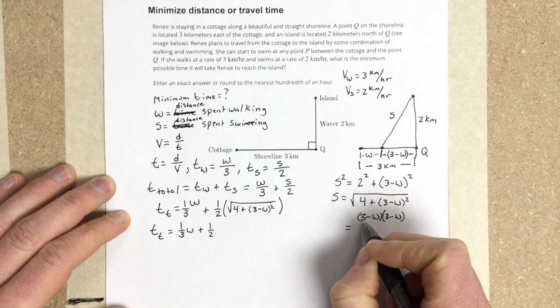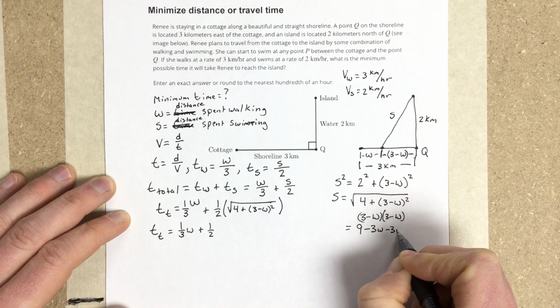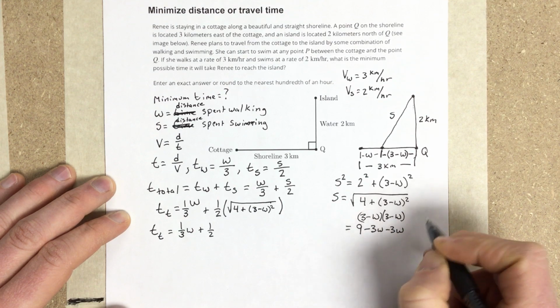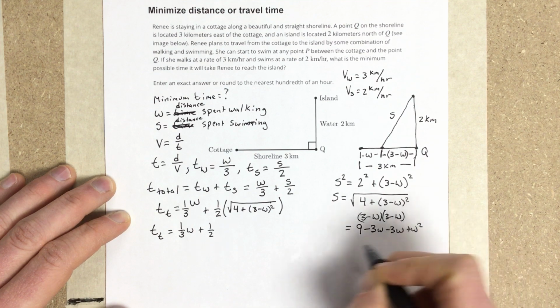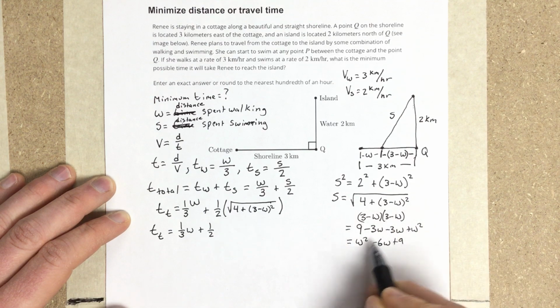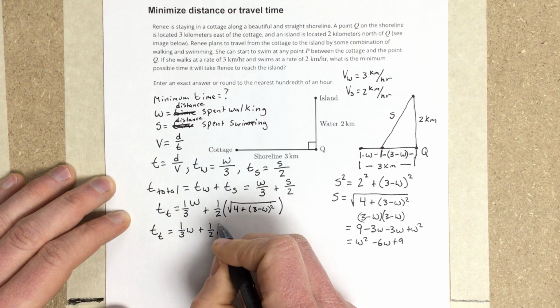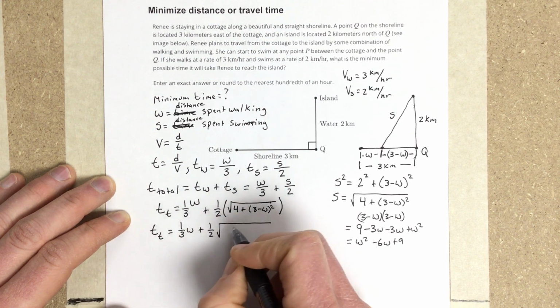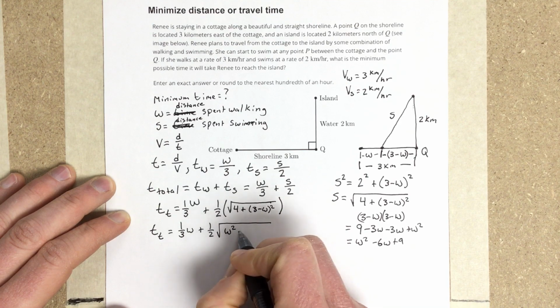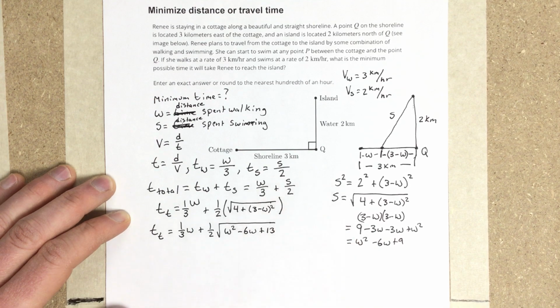That's going to equal 9 minus 3w minus 3w, and then negative w times negative w will be plus w squared. So you end up with w squared minus 6w plus 9. So when I take that, I plug it in here, and I add the 4 to it, I actually end up with the root of w squared minus 6w plus 13 inside there.